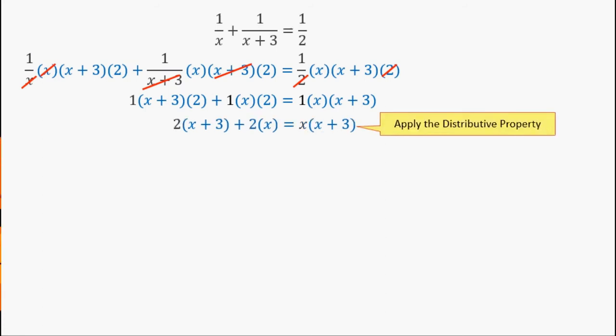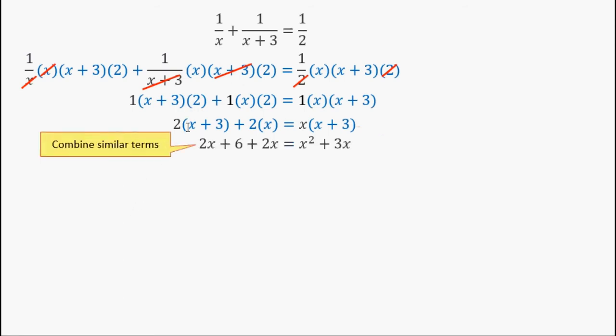Unahin muna natin yung monomial to monomial multiplication. 1 times 2, kaya naging 2 times the quantity of x plus 3, kopya lang. And then we have 1 times x times 2, we have 2x. And then 1 times x is x times the quantity of x plus 3. Kopya lang din. And then, we apply the distributive property.